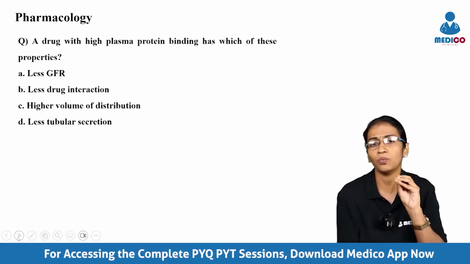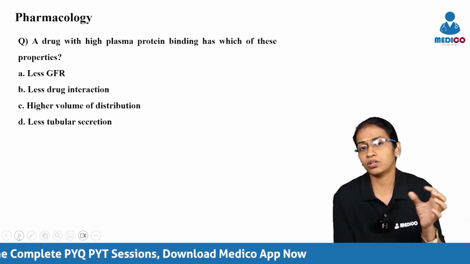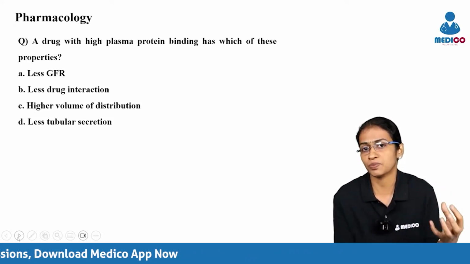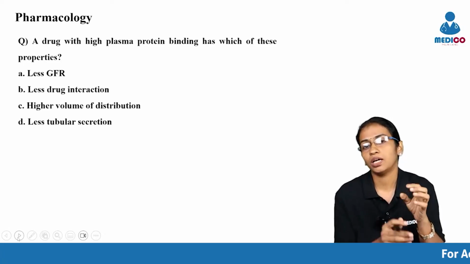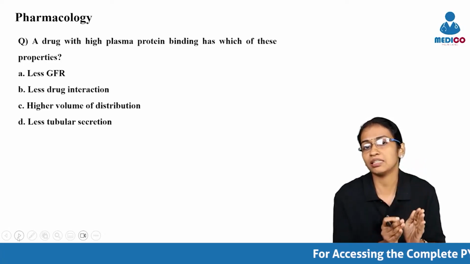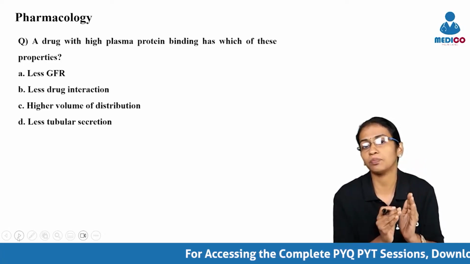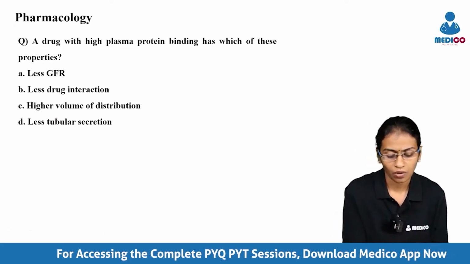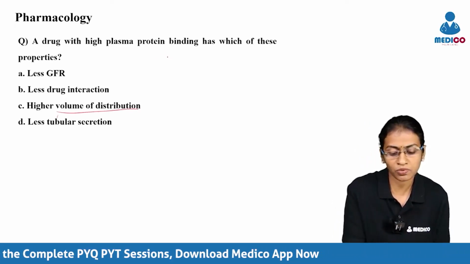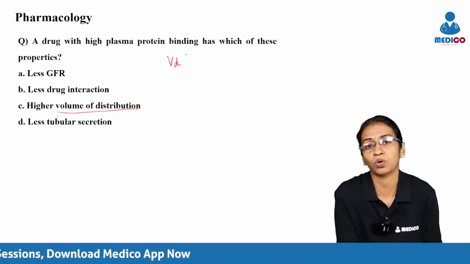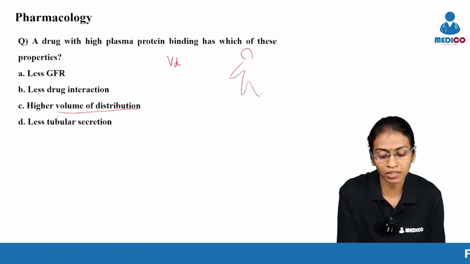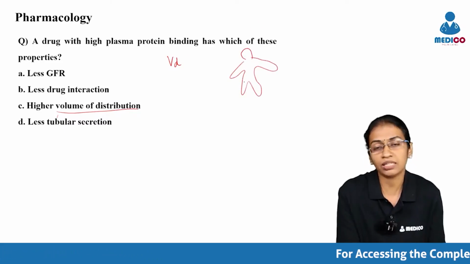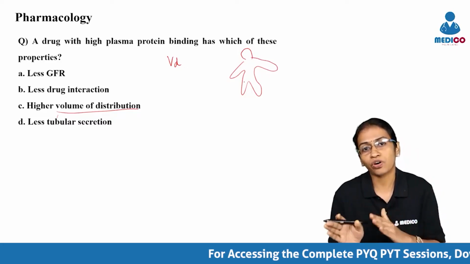Which is the active drug, the free drug or the bound drug? It's the free drug that is producing the actions. So if it is highly protein bound, the drug remains in the vascular compartment. So what happens to the volume of distribution? What is meant by volume of distribution, or I would rather say apparent volume of distribution? If you consider the whole body as a single compartment, it is the volume in which the drug is uniformly distributed.